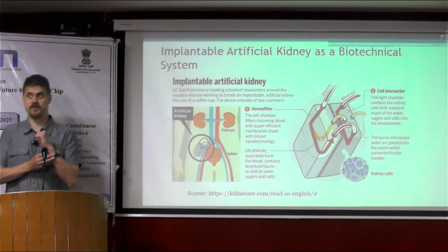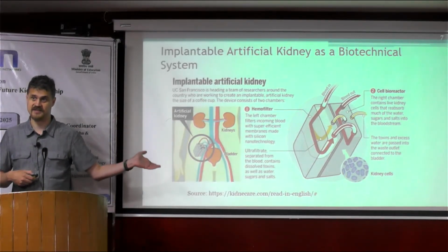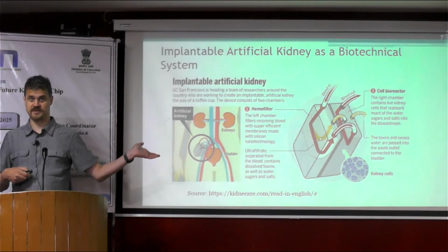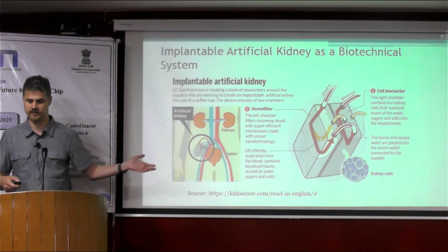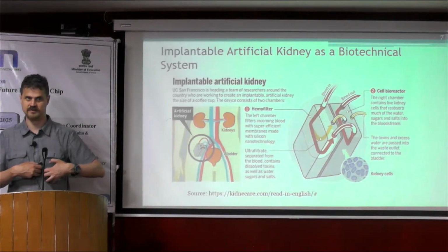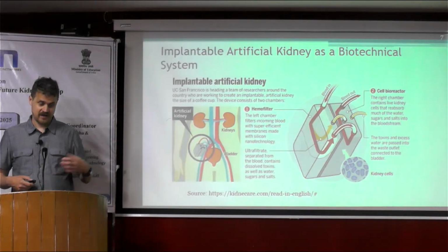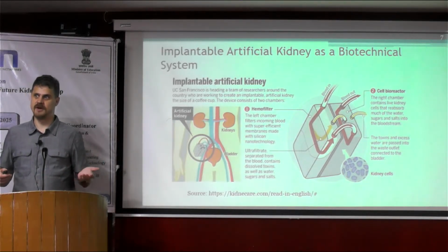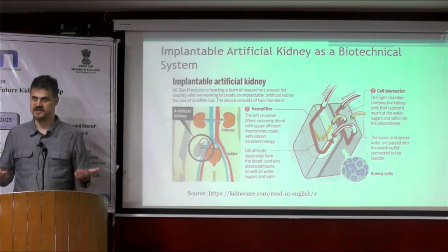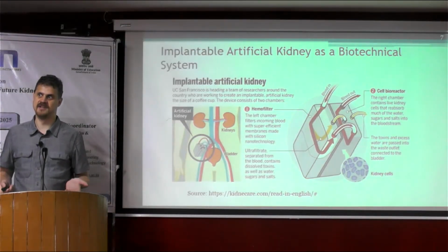And the main problem with the digital twin, it's not close to what NASA experienced with the Apollo project, but it sounds similar. We actually implant this kidney into the human body, and in order to monitor the function of the implantable kidney, there is no way around it. We can just cut open the patient and look at what's going on with this particular device, which is very dangerous for a patient.